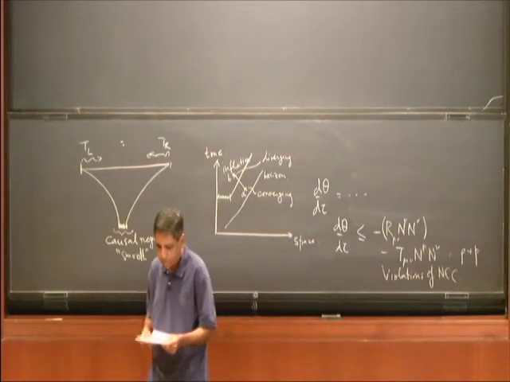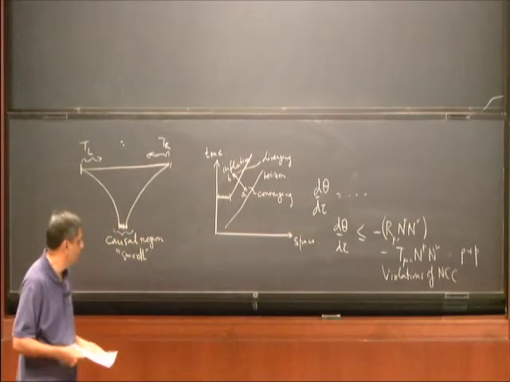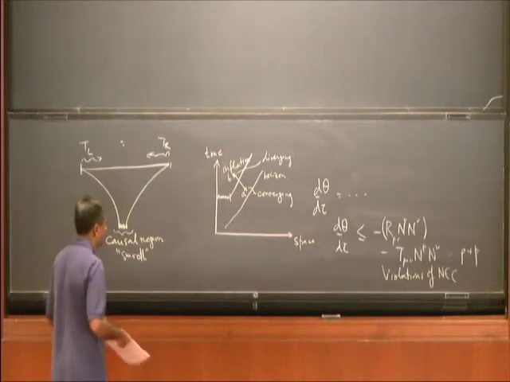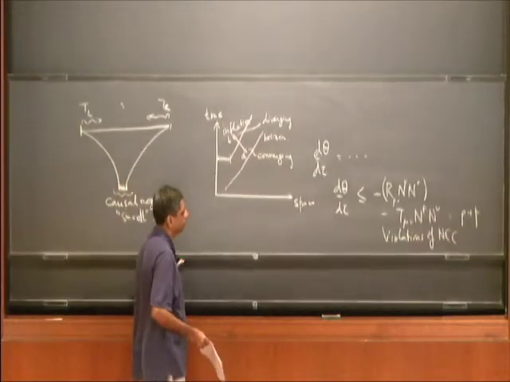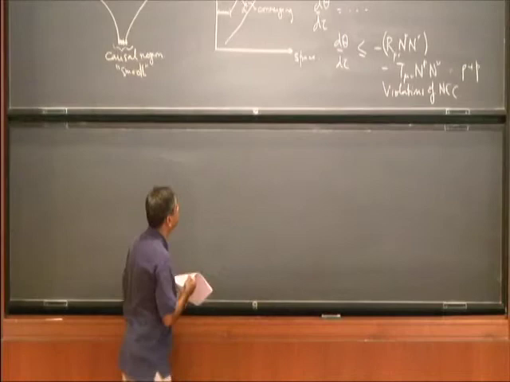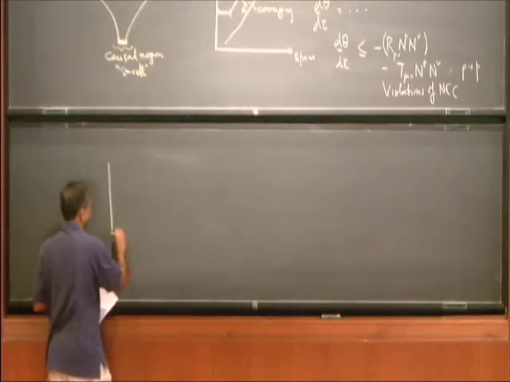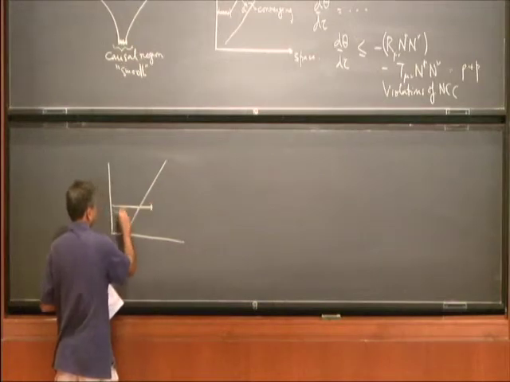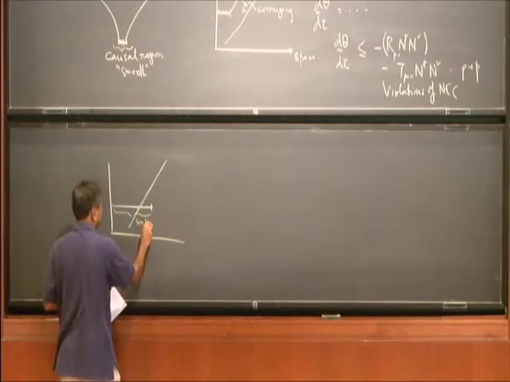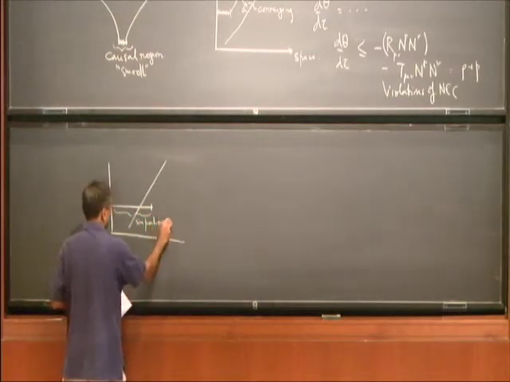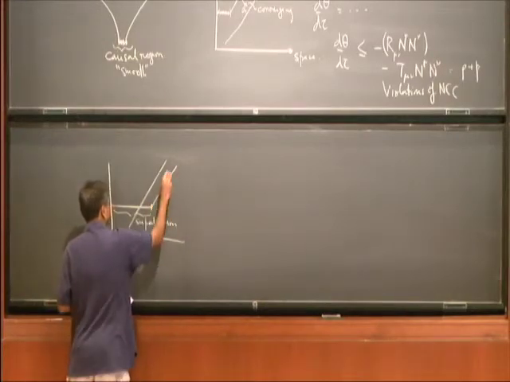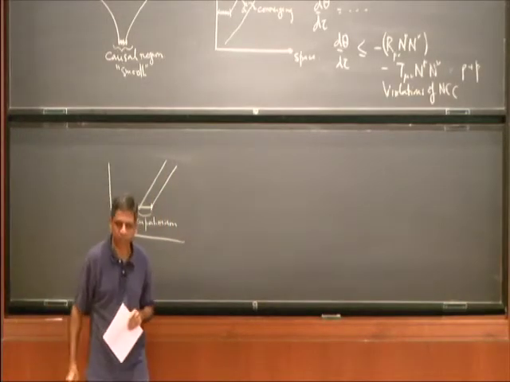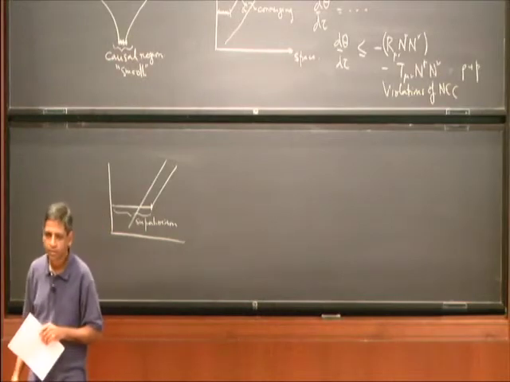So in that sense, all that you can do is to change the diagram and start with a patch that is larger than the horizon size. And then, of course, there is no contradiction. Okay?